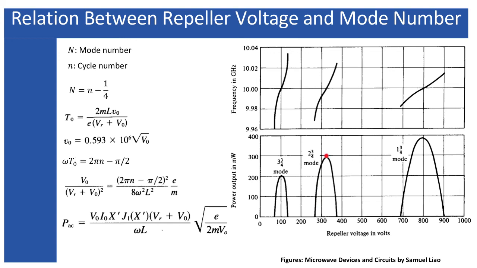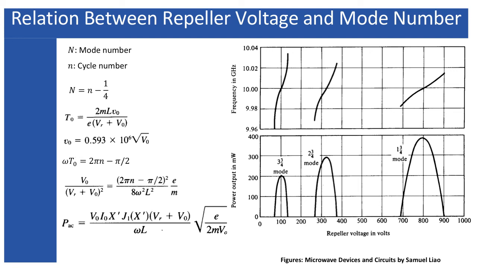If you increase the mode number or the cycle number, then the operating frequency range shrinks further. You can see from these two figures, if you compare this one with this one and this one with this one, the range of frequencies shrinks if you increase the mode.